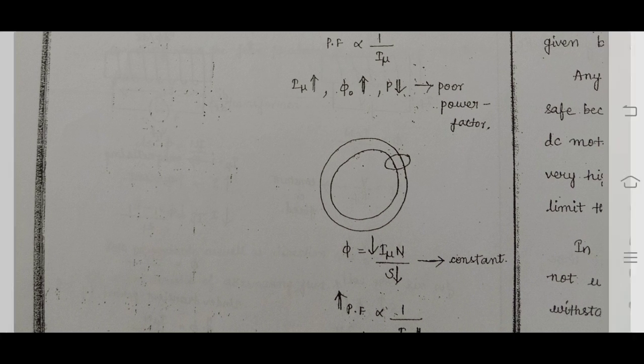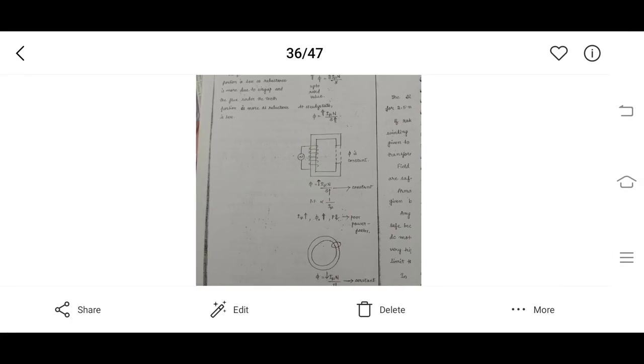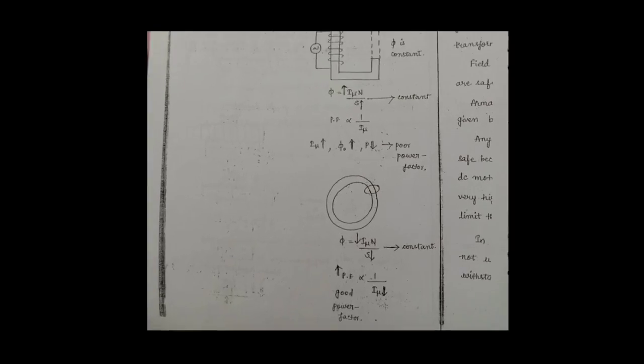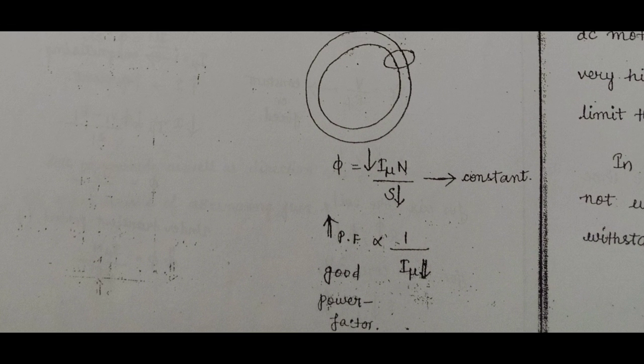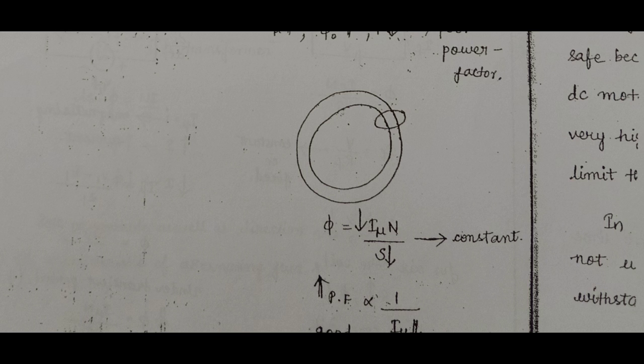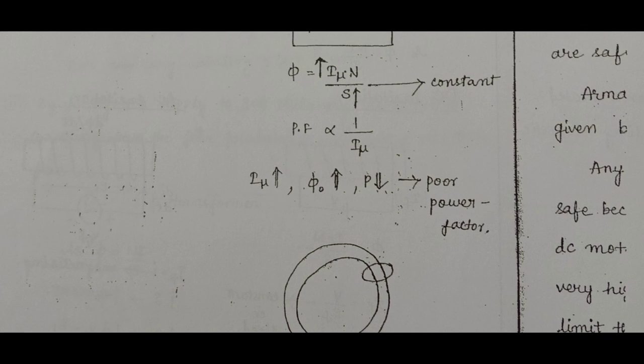Without air gap, reluctance values are less. Magnetizing current values are less.